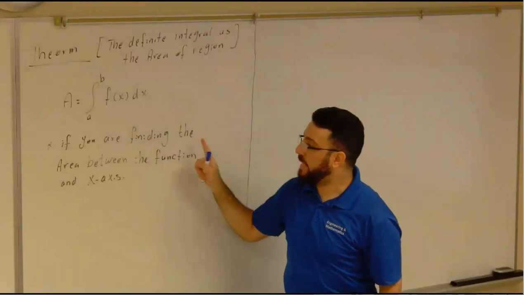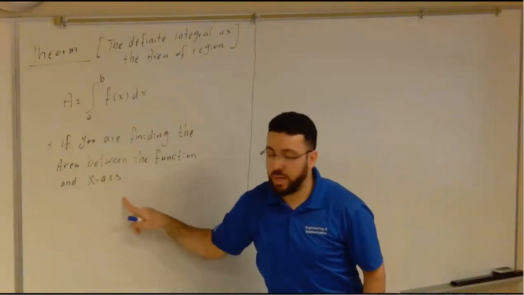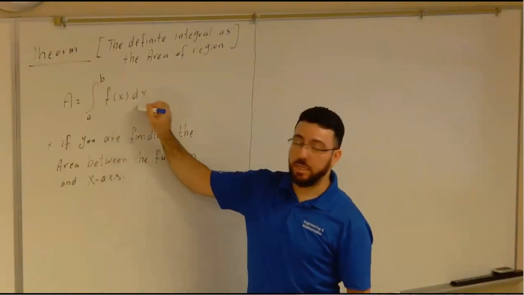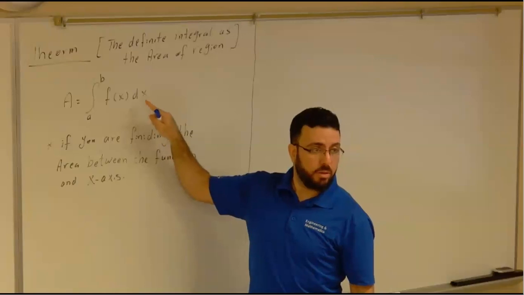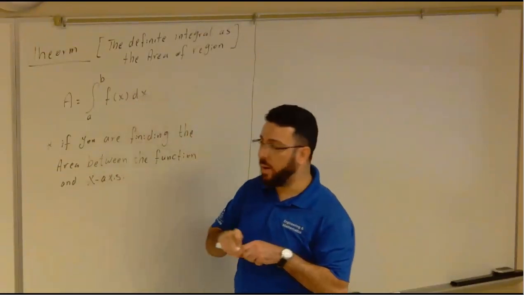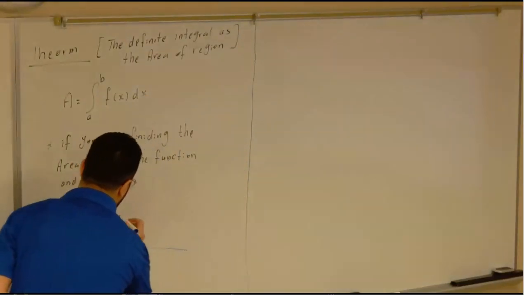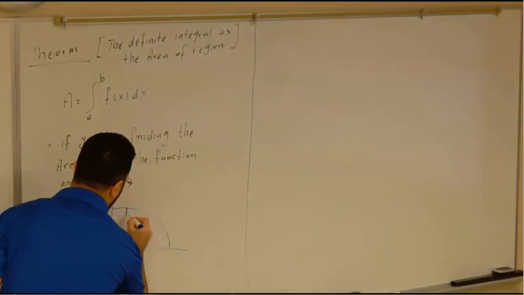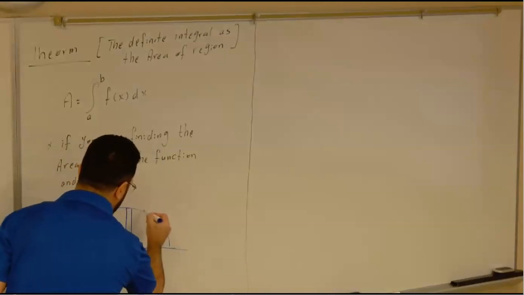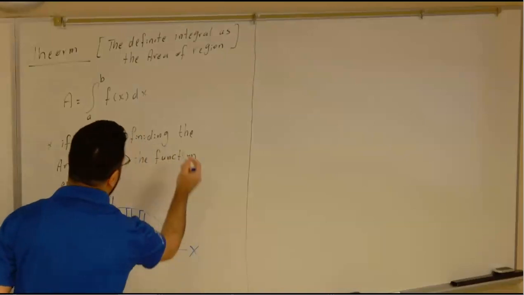If you are finding the area between the function, which is the curve, and the x-axis, you're going to say dx. Our rectangles here are going to be like this. This is the area, our rectangles on the x-axis. On x, we're going to do dx.